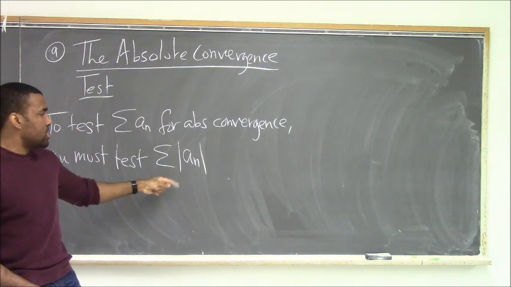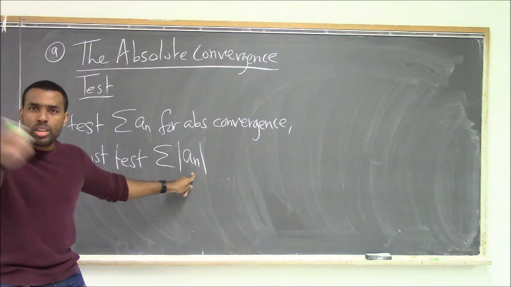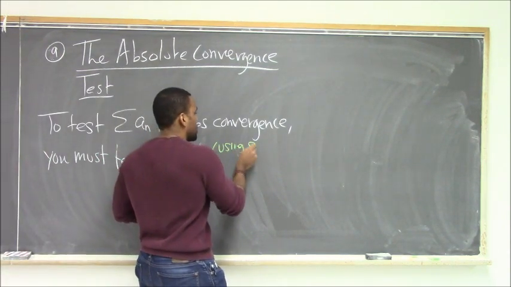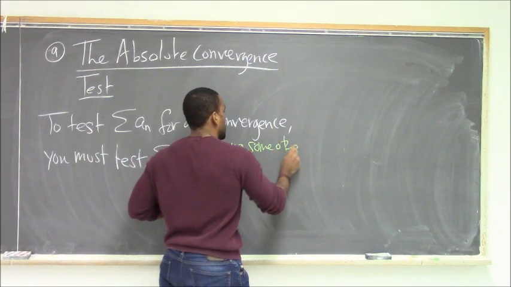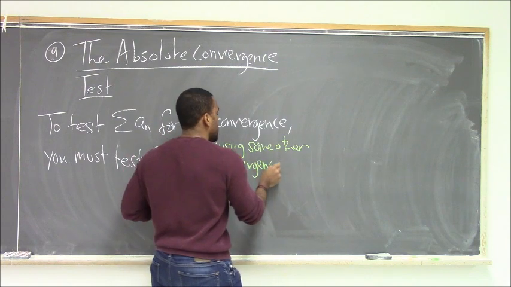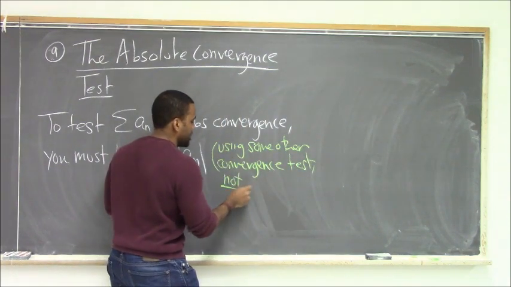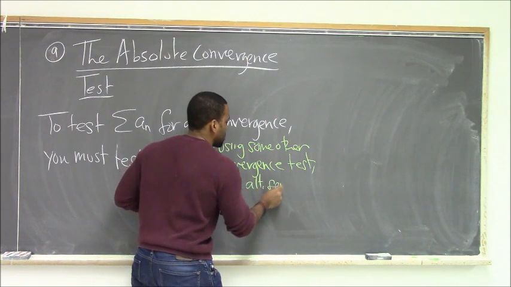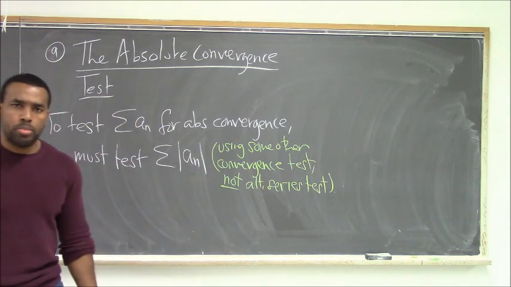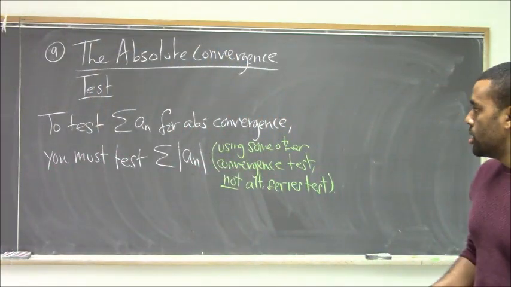You're going to test the series when you put absolute values on each of the terms, using one of the other convergence tests that I already told you about. The only exception is that it's not going to be the alternating series test. The alternating series test is never going to be applicable when you want to test for absolute convergence. So that's something you should know.